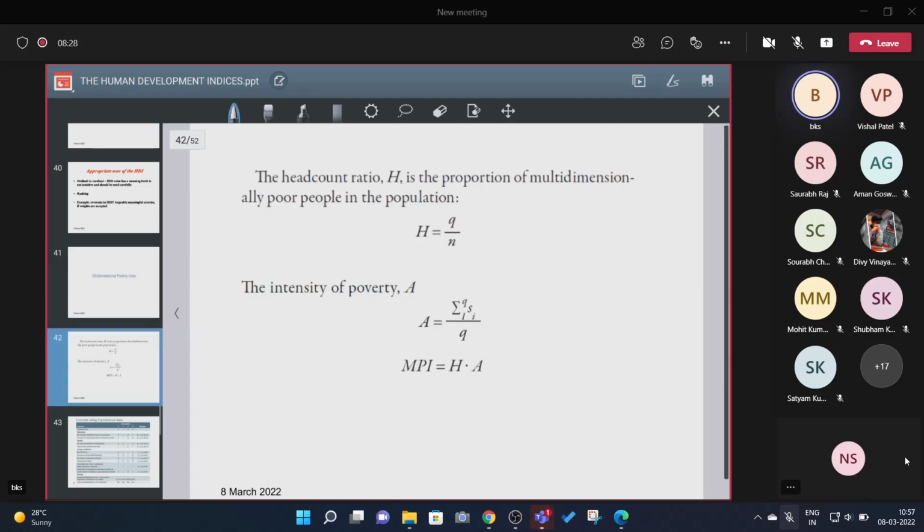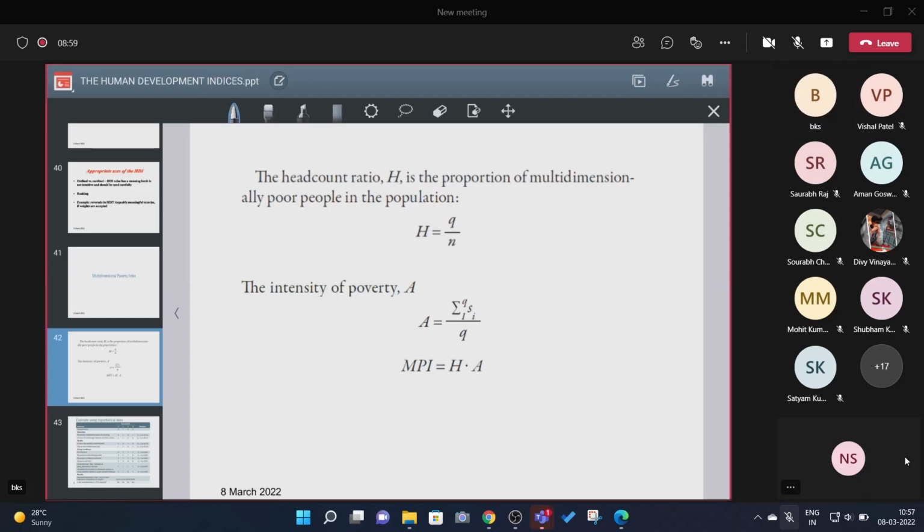The other indices of human development, like the gender empowerment index and so forth, please read by yourself. I have uploaded the PPT as well as the technical notes of the human development report in section 3. So this PPT is already available to you in section 3. Please download from there.